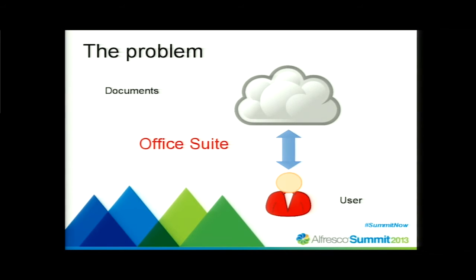But the main problem, I think we heard it already quite a lot in the keynote. Cloud is one of the main words, one of the main trends for the future. And it's already there. People are storing documents in clouds and in ECMs, and it's good. But the fact is that the Office Suite is still an important part of software in the enterprise.